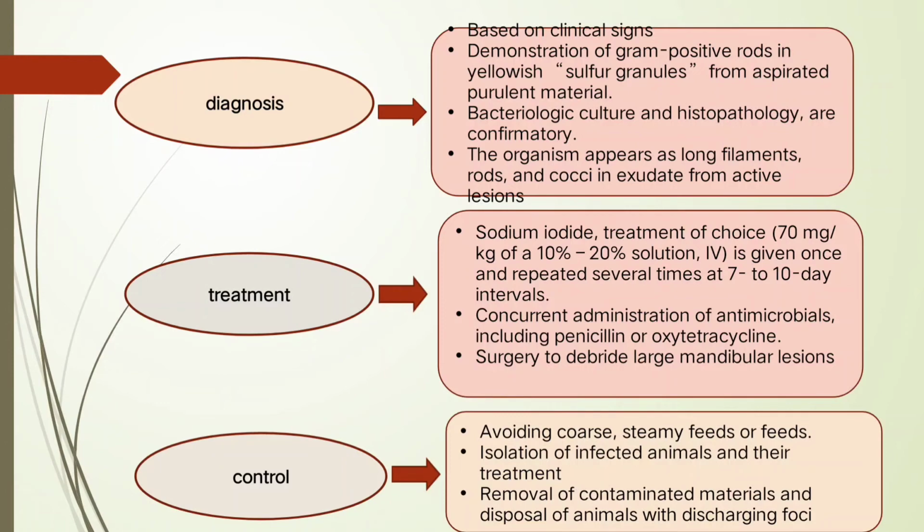To control the disease, avoid coarse, stemmy feed or any factors causing abrasions or wounds on the mucosa or skin, isolate and treat infected animals, remove contaminated material, and dispose of animals with discharging foci.